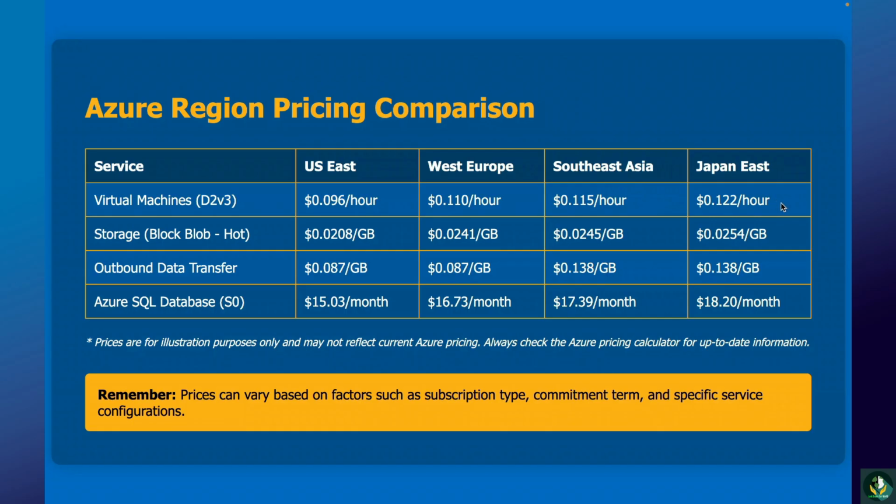The most expensive is the Japan region for this particular service. And please take a look at the other services comparison in this table. Storage, outbound data transfer, Azure SQL database. For instance, for this Azure SQL database, we've got $15 a month and $18.20 for the Japan East region.